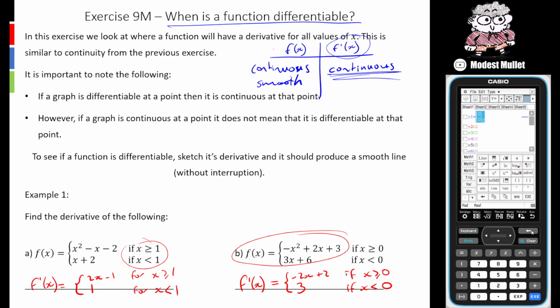Equation solver. Where's piecewise? Ah, there it is. There we go. Okay, so we've got negative x squared plus 2x plus 3.